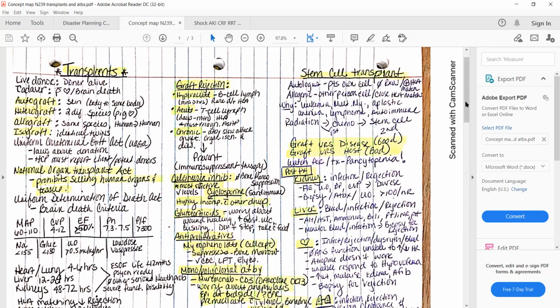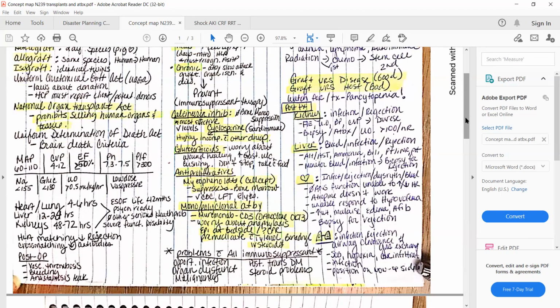Okay. So then when we look at transplanting, heart and lung are 4 to 6 hours, right? That's not very long. You've got to make sure that the recipient is ready to go. So literally at the time that they're going to pick up the organ, that other patient is being wheeled into the OR to get them ready. I know it sounds crazy, but if anybody works in the OR and has been privileged enough to see this, they do come in with their red carriages and say, okay, I'm here for the heart, I'm here for the lungs.